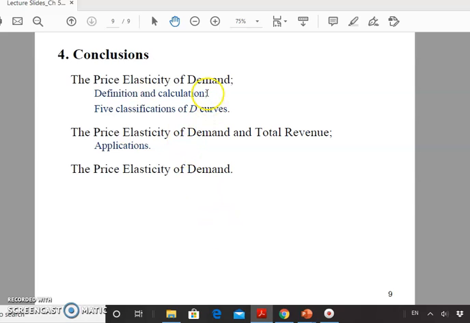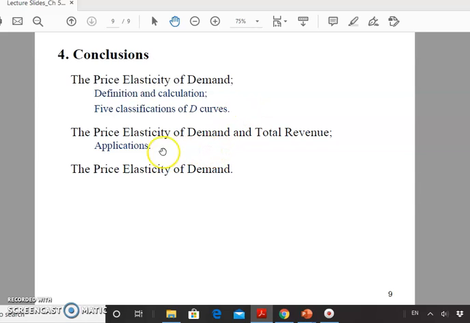All right, so here, chapter 5 is a relatively small or shorter chapter. Okay, so we start with the definition and calculation of the price elasticity of demand, and then we talk about 5 classifications of demand curves. Okay, their slopes and how they relate to the price elasticity of demand.